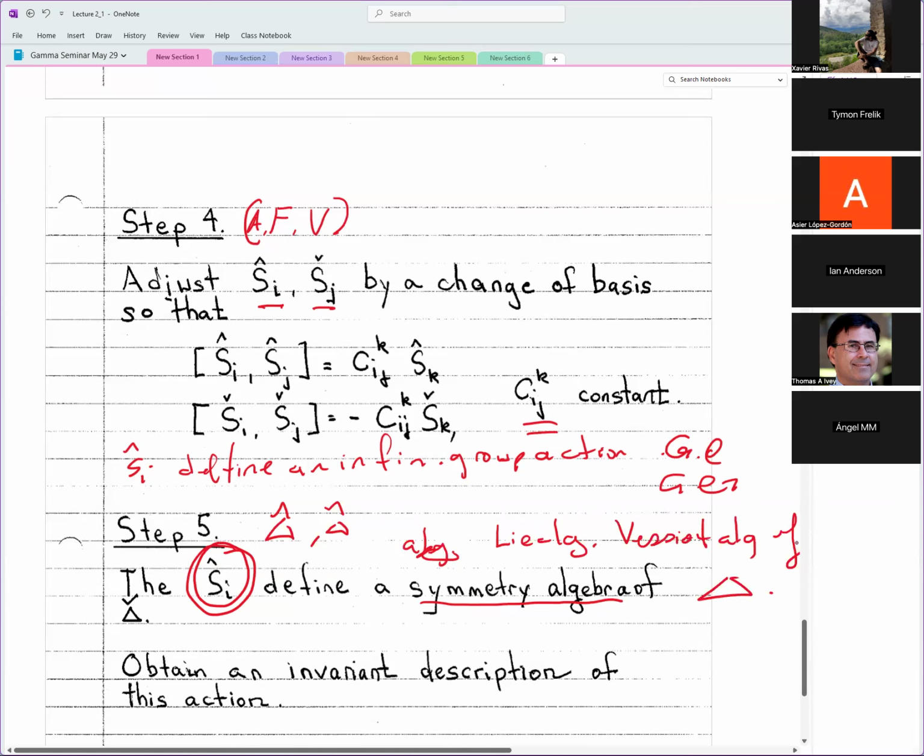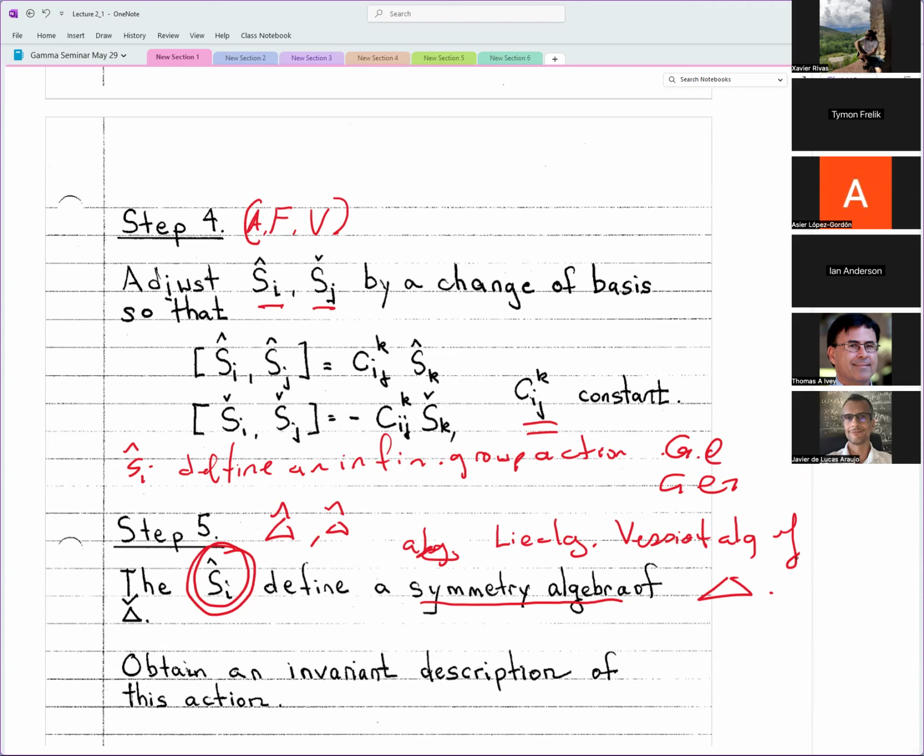So again, start with these things, find the U's, find the S's, get the structure constants. That's the Vassiliou algebra of our distribution. And in our paper with Mark Fels and Peter Vassiliou, we show that this Vassiliou algebra is independent of all the choices we've made along the way. It's an invariant of the distribution, the Darboux integrable distribution.